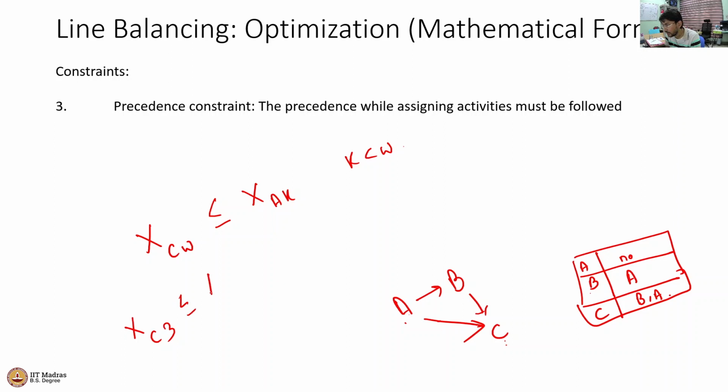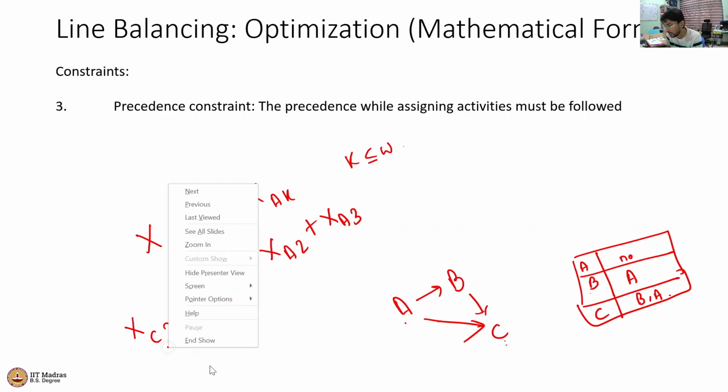Then XA1 plus XA2 plus XA3, it must be less than or equal to. So in one of these stations, A should have already been assigned. Then only I can assign C to workstation 3.